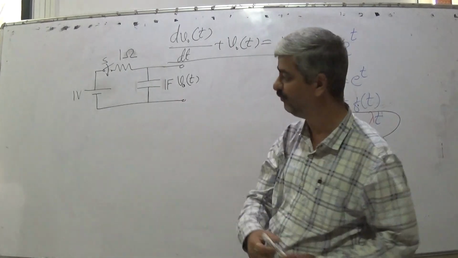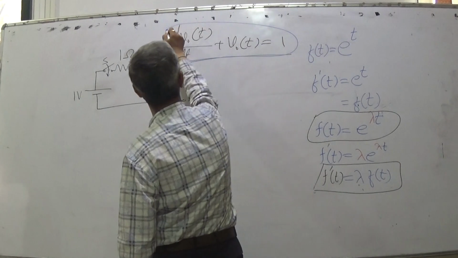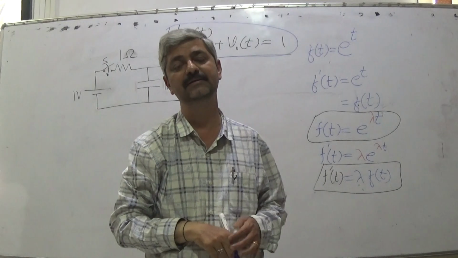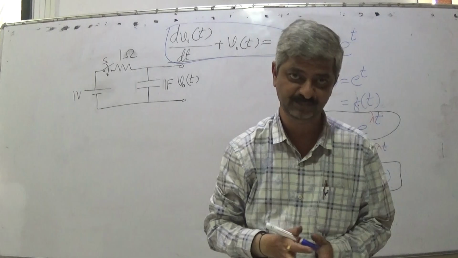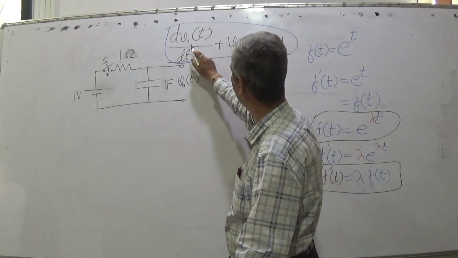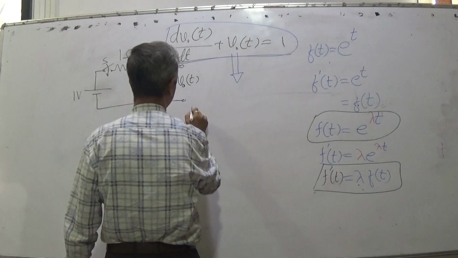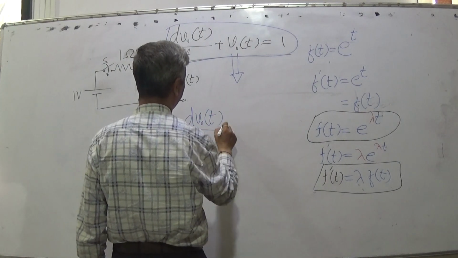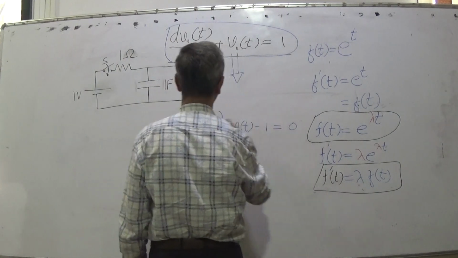The differential equation of this form is called a linear differential equation, wherein we can have a small change, dV0/dt plus V0 minus 1 is equal to 0.